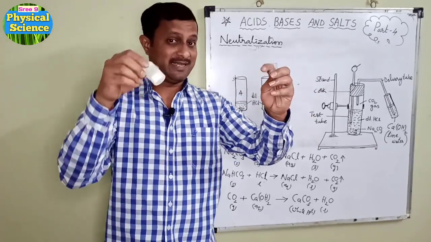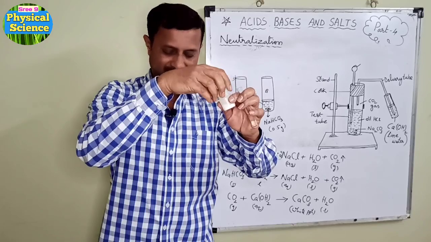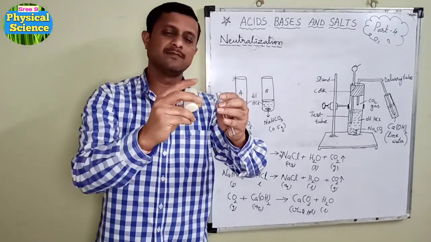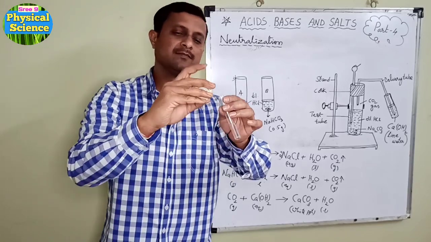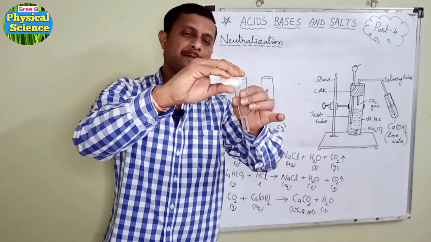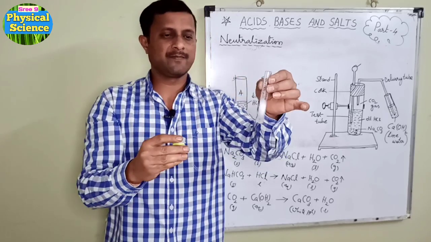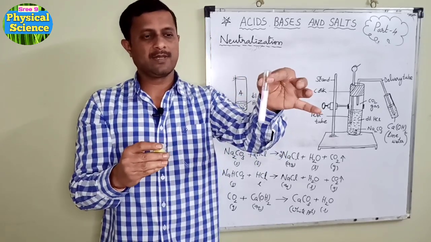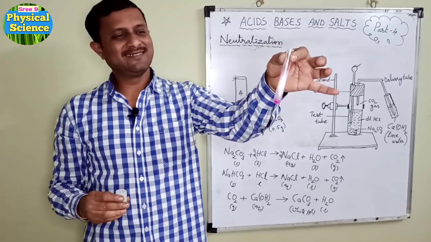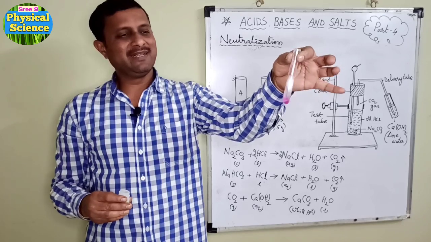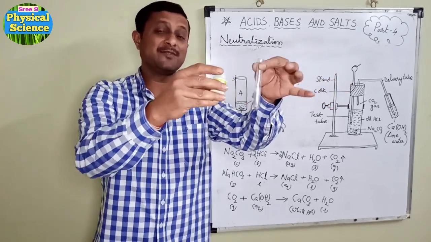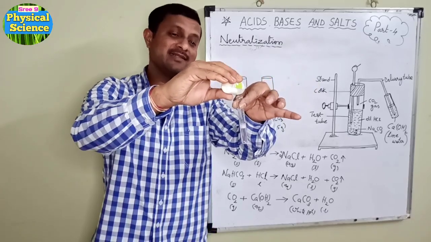Now you see what happens. Again I am adding a base. See, the effervescence. So what's going on here? Pink color solution is again regaining, right? And also gas is producing. The gas is nothing but carbon dioxide.